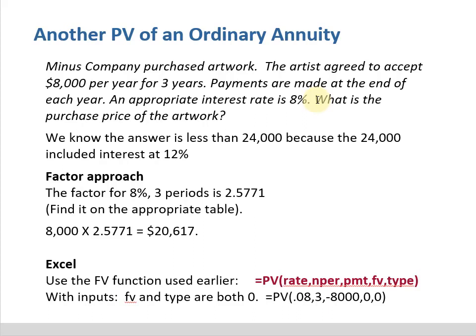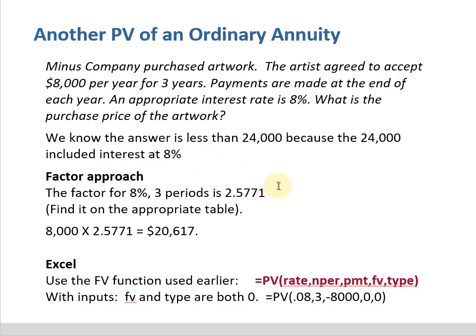Well, in total, Minus Company is paying $24,000 over that 3-year period. Is the artwork worth more than $24,000 or less? You know the answer has to be less than $24,000 because that $24,000 really was including interest at 8%.